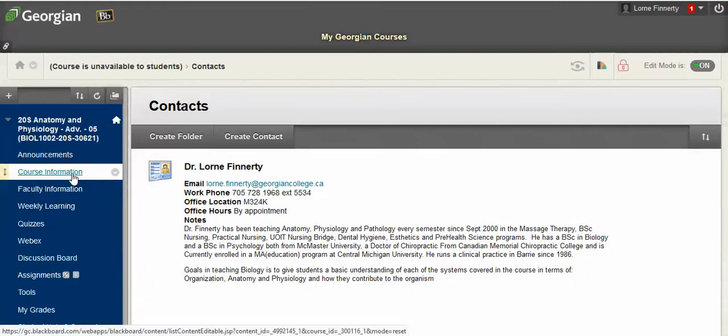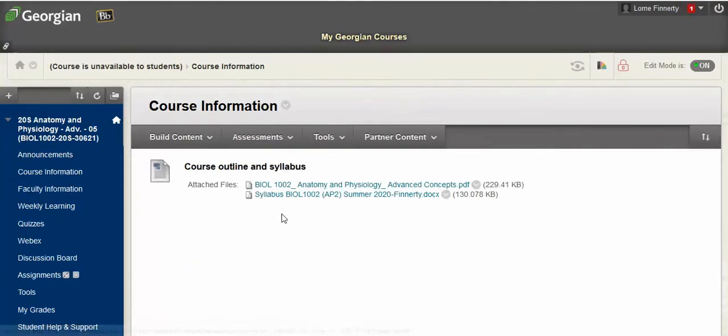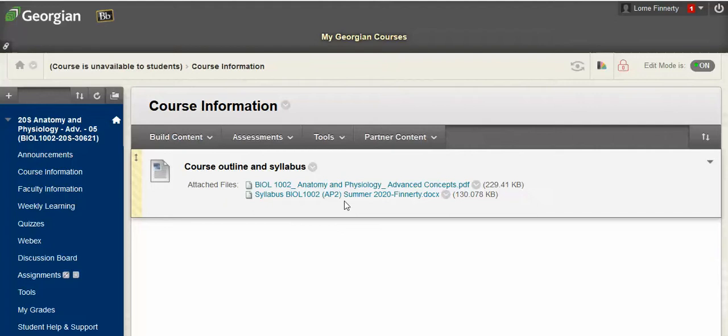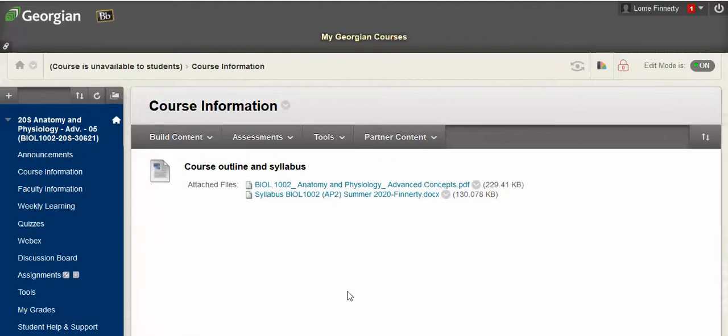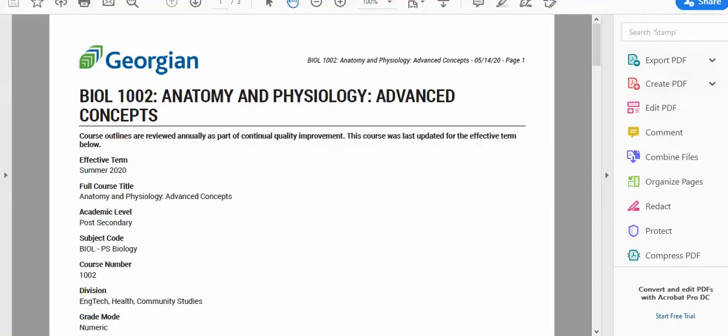Under course information, at this point, the only things here are the syllabus and the course outline. The course outline is this document here. It's the contract between you and the college. This is what the course is about.